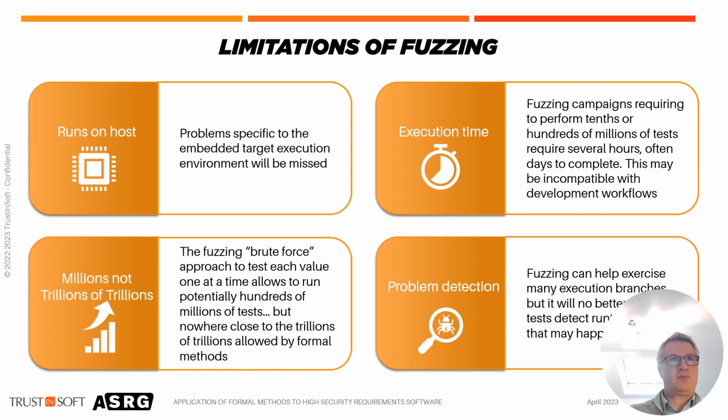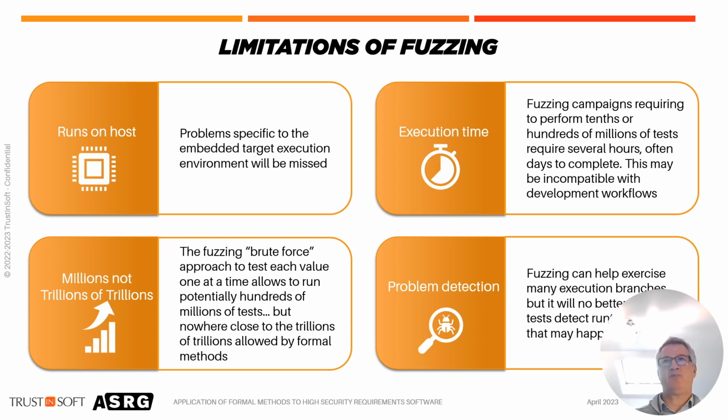Second thing, which I touched upon already, is that fuzzers, with their pseudo brute-force approach, allow you to test millions, tens of millions, potentially hundreds of millions of inputs, but not the enormous input space that can be achieved with formal methods, which can be 10 to the power of enormous numbers, as you've seen earlier in my presentation.